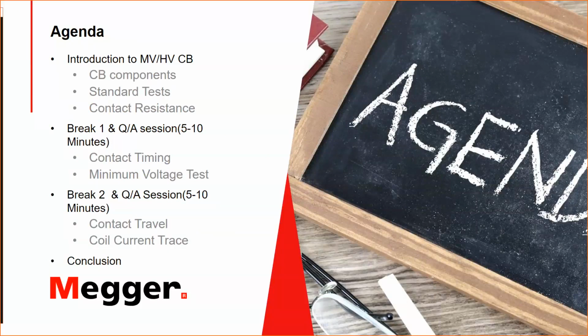So without further ado, we will start first by explaining our agenda for today. First, I will give a quick introduction on medium voltage and high voltage circuit breakers. For example, I will talk about circuit breaker components and what type of tests we do, and then we will start doing some tests: contact resistance test, contact timing, minimum voltage pickup test, contact travel, and last, coil current trace, or what we basically call the coil current test.